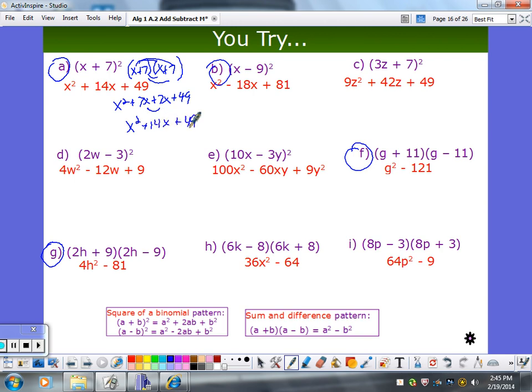If you're using the pattern, square the first one, right? Square the last one. Multiply those two things times 2. So where are we getting stuck?